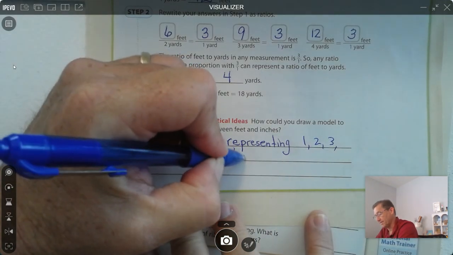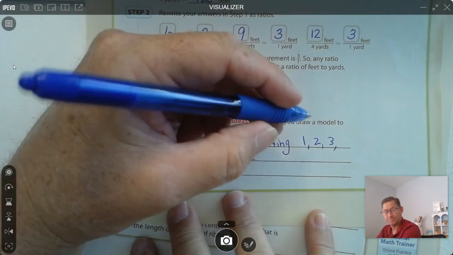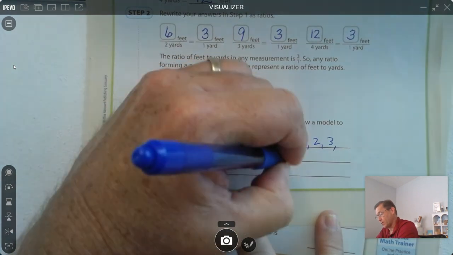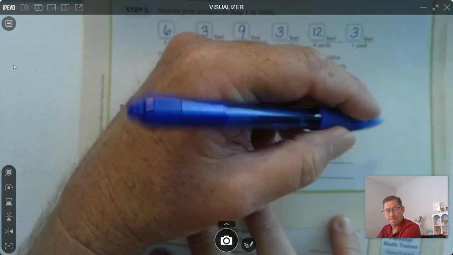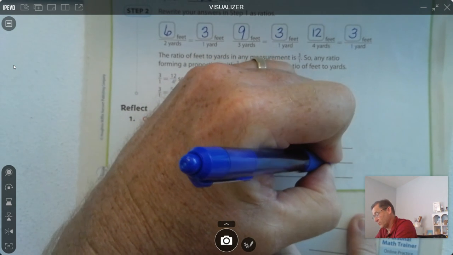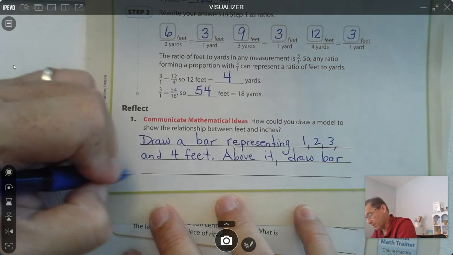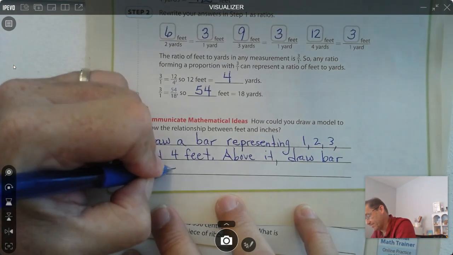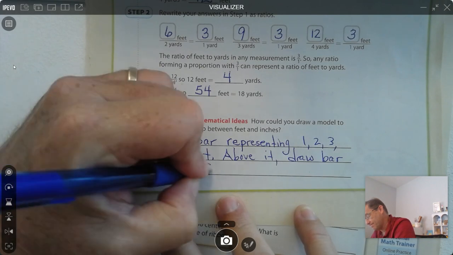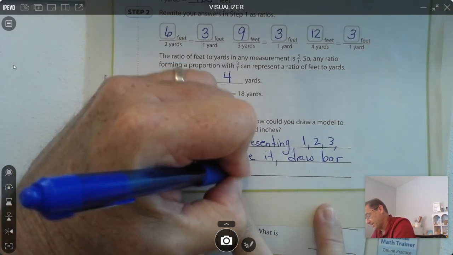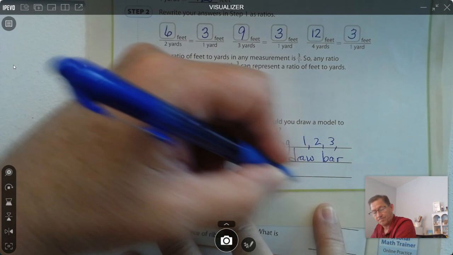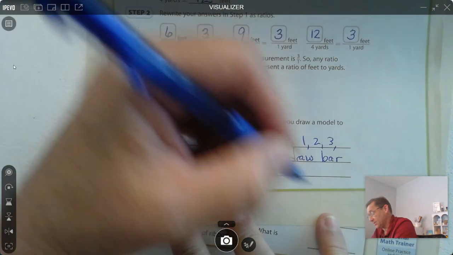So above the foot, we're going to draw bars with each foot divided into 12 equal pieces.